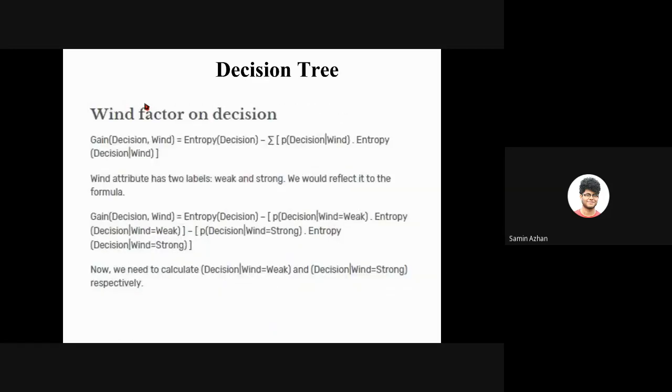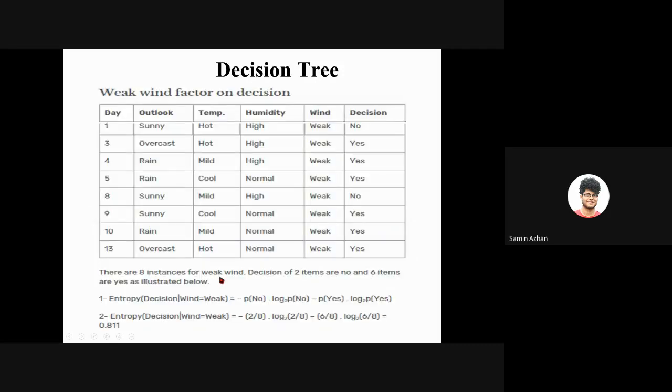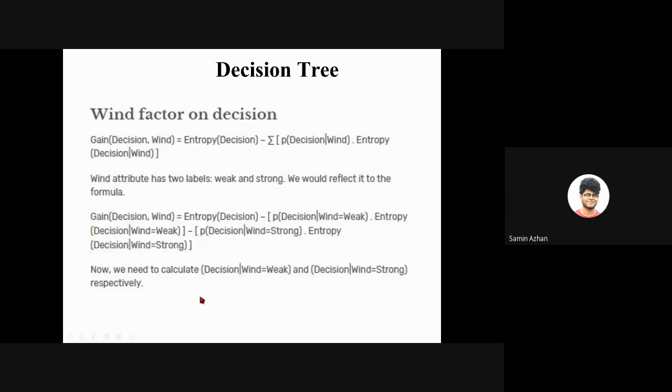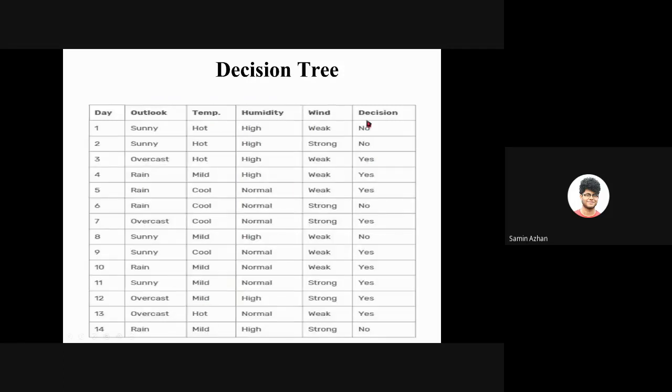To do that, we have to calculate the entropy for all of those attributes. For example, let's calculate the entropy for wind. How many values does wind have?